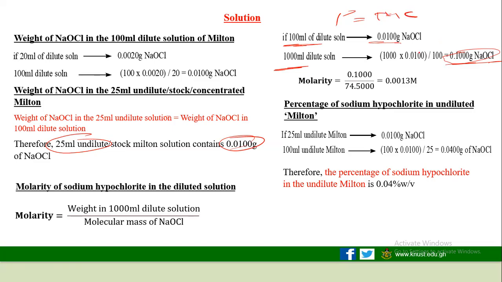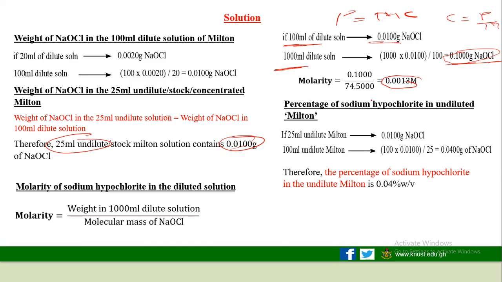Mass density is equal to the molar mass times the concentration. And from this, you realize that the concentration is equal to the mass density all over the molar mass. So that's the formula that has been used here. This is the mass density, 0.1, divided by the molar mass that was given in the question, 74.5. And then you get this. So this is the molarity of the diluted.